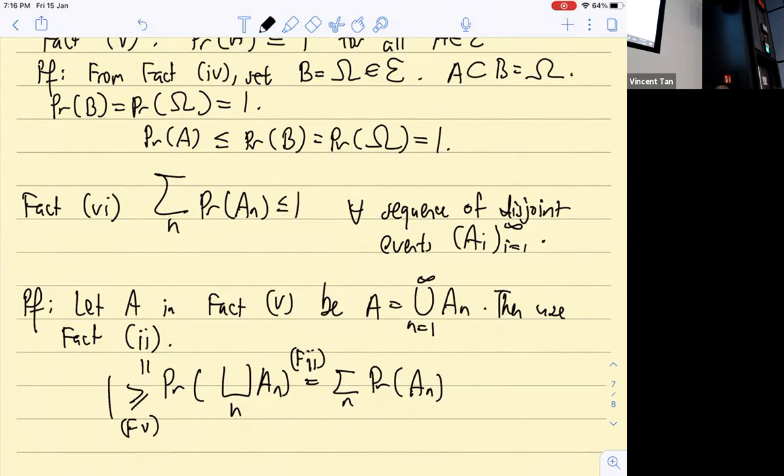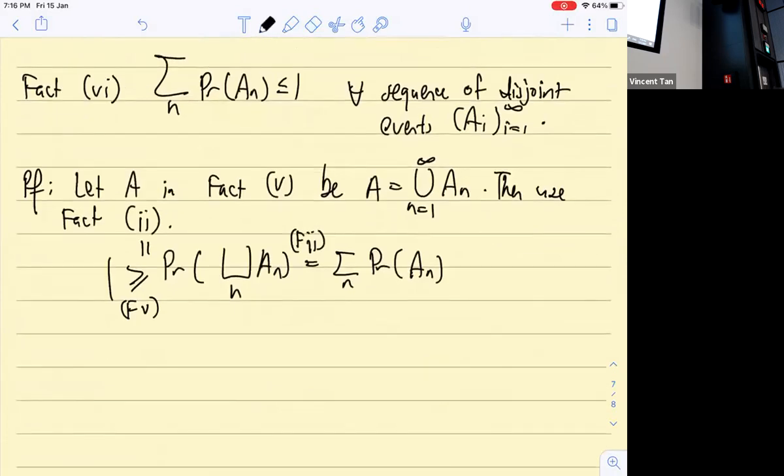And fact 2 says that the probability of a disjoint union is equal to the infinite sum of the probability of the constituent events. Okay? Right, so this is not so obvious.